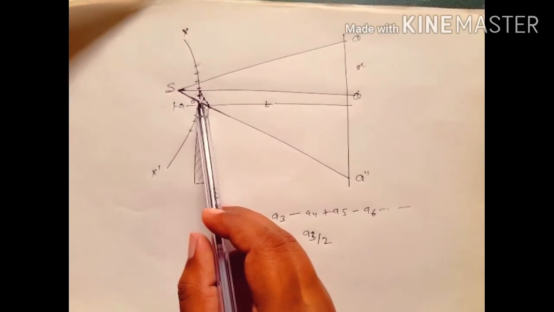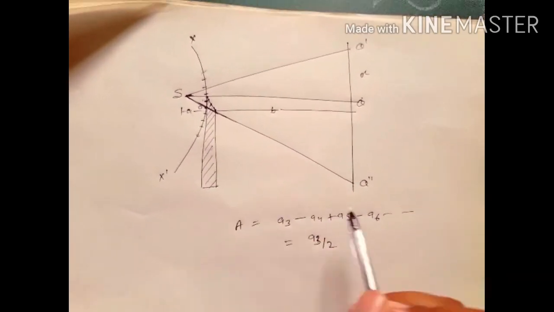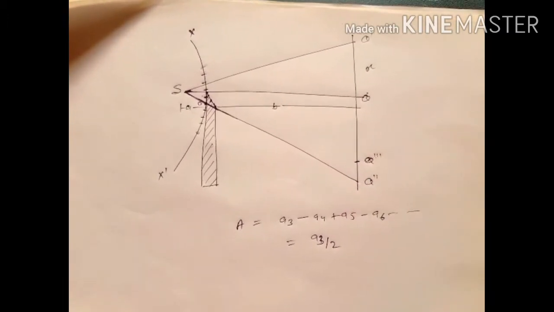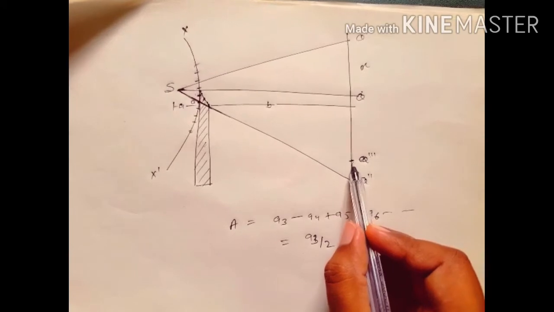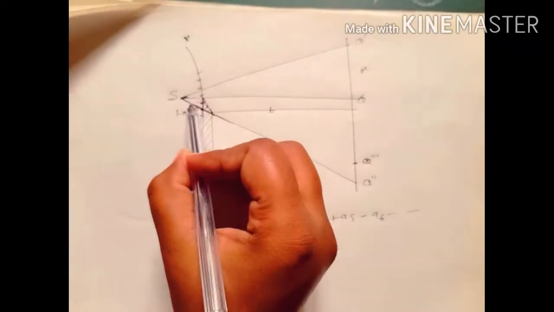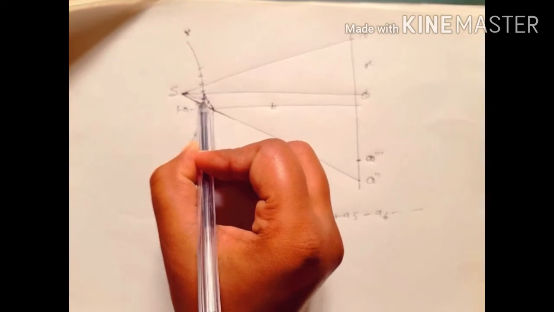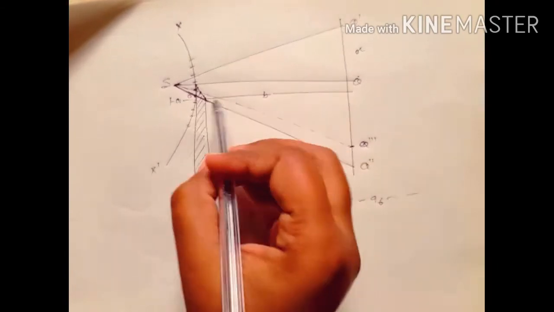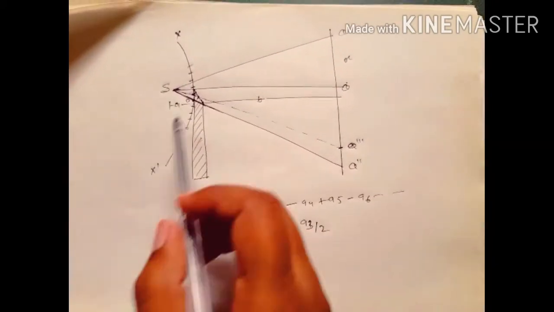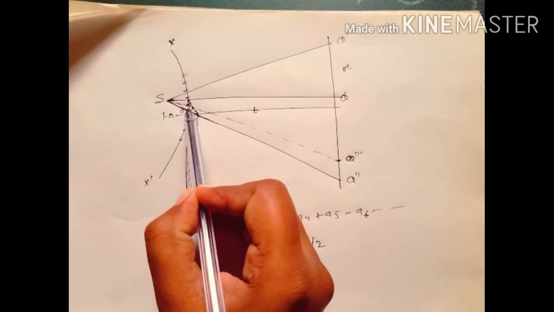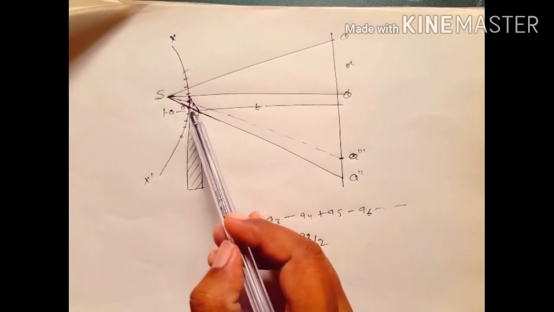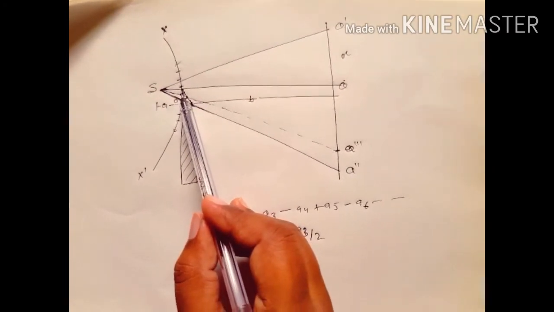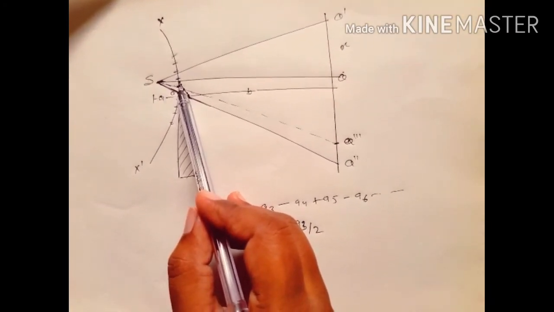Suppose this is the point Q triple dash. We have to find the intensity distribution at this point. Then if we draw this line, now this is the pole. In this case this is the pole, and in this case this is the pole. Now we have to construct the half period zone around this point.